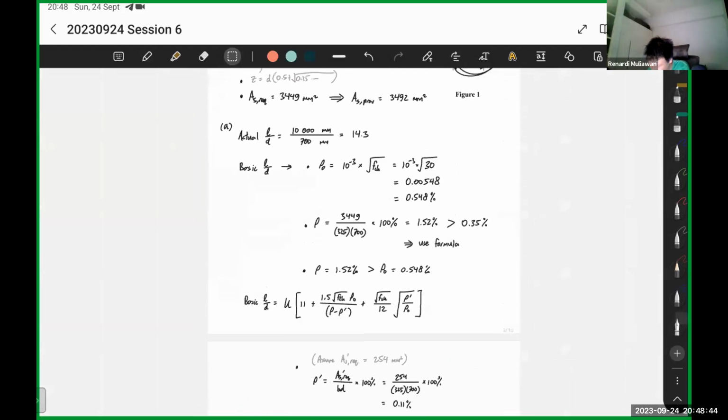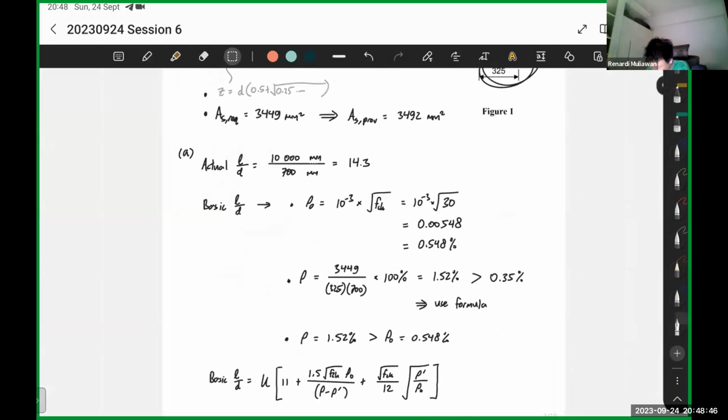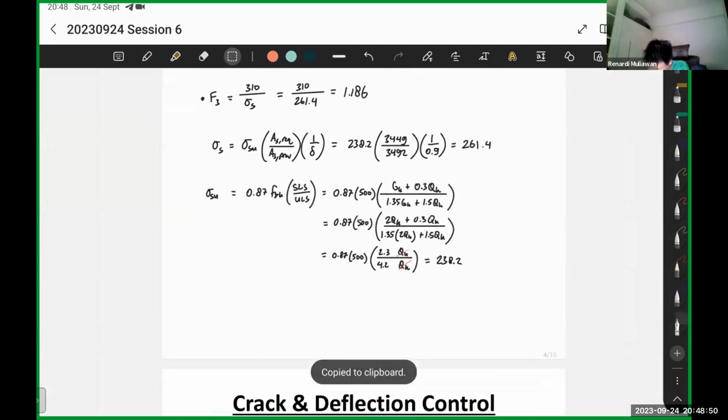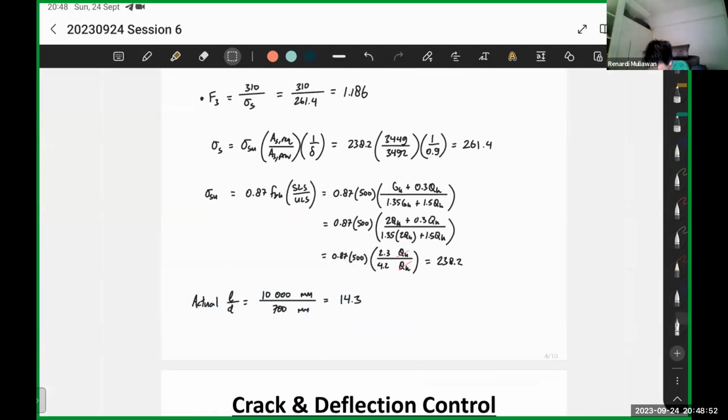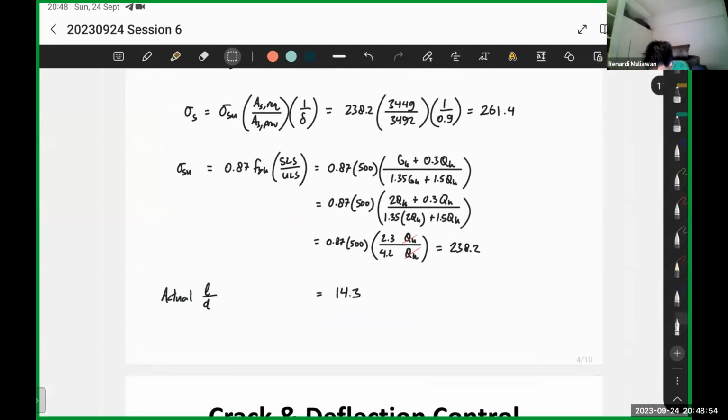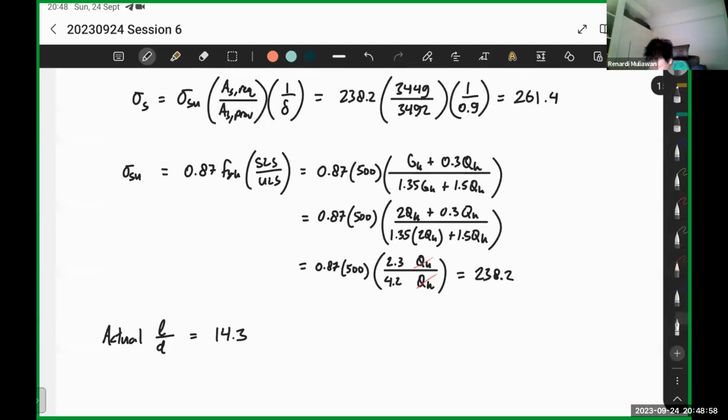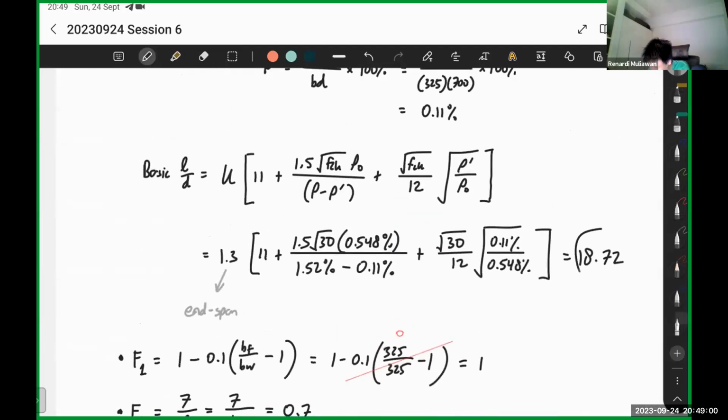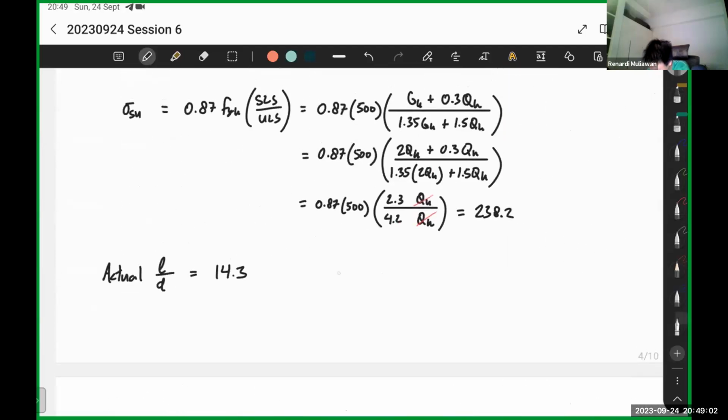Okay, let's get our actual L over D, which is 14.3. Then we check it with the basic L over D, which is 18.72. You multiply by F1.